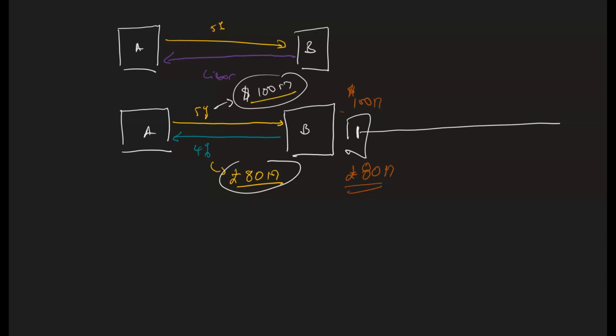That exchange occurs today at a specific exchange rate, and we can call that exchange rate E0. At expiration, or maturity, or the end of the contract here, the same exchange is going to occur again at 100 million US dollars and 80 million Japanese yen.